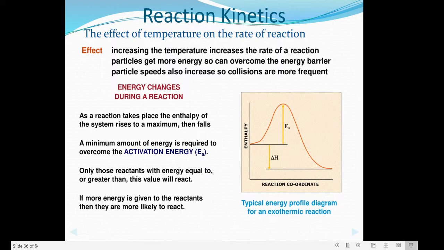The minimum amount of energy required is the activation energy, called EA. This EA is needed for developing a reaction. The reactants must have energy equal to or greater than this value.